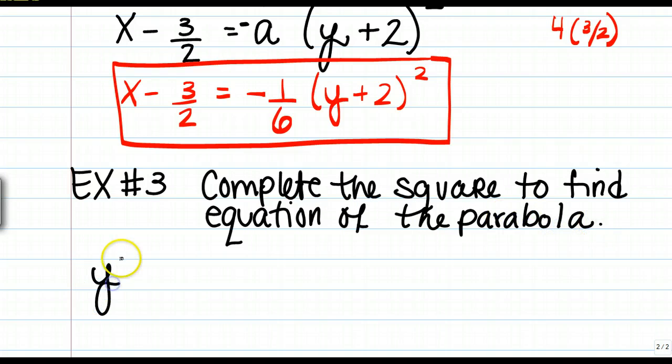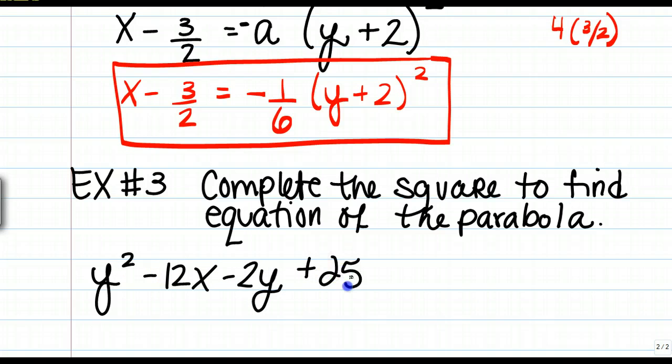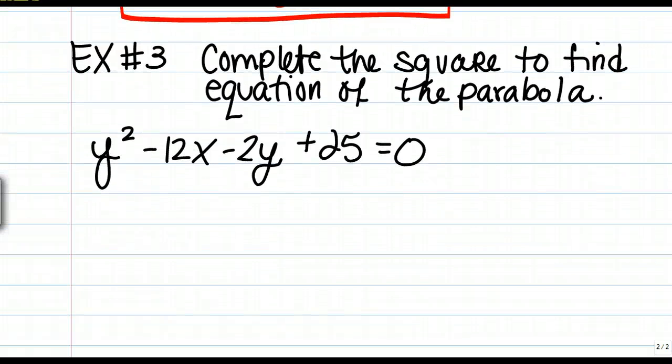And it'll give you y squared minus 12x minus 2y plus 25 equals 0. So this is the equation of a parabola, but we don't have it in graphing form. So if we wanted to graph it, we wouldn't be able to. So let's get it in graphing form so we can see what it looks like.